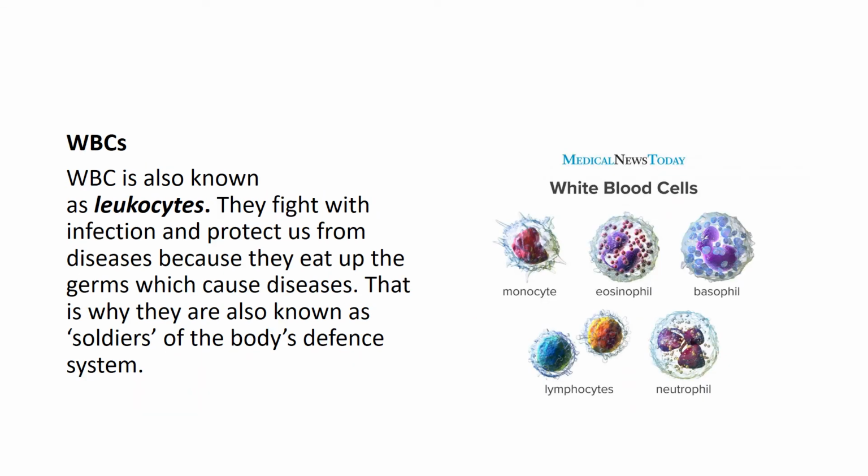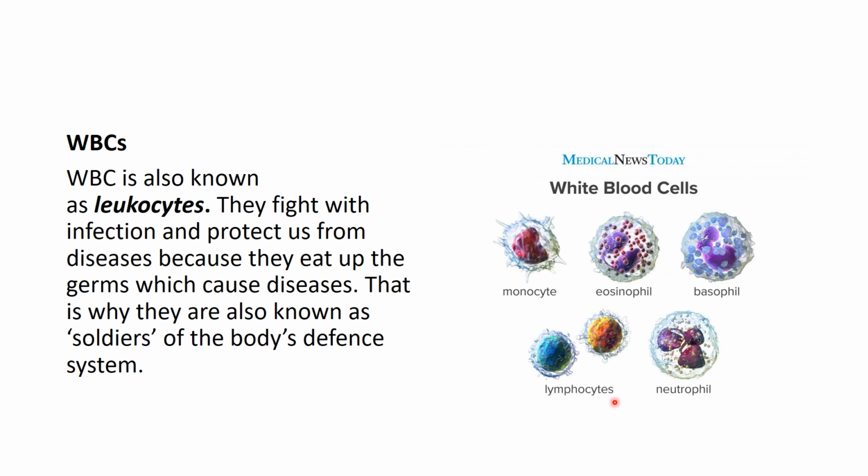White blood cells or WBCs, also known as leukocytes. These are different types of cells, namely monocytes, eosinophil, basophil, neutrophil, and lymphocytes.